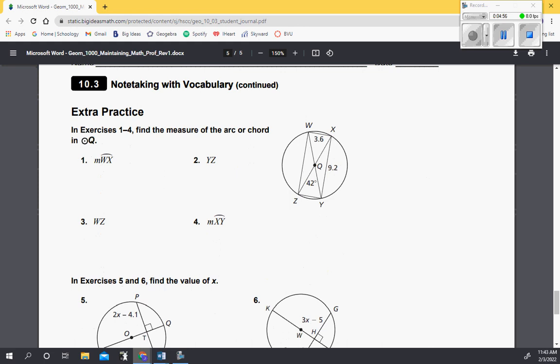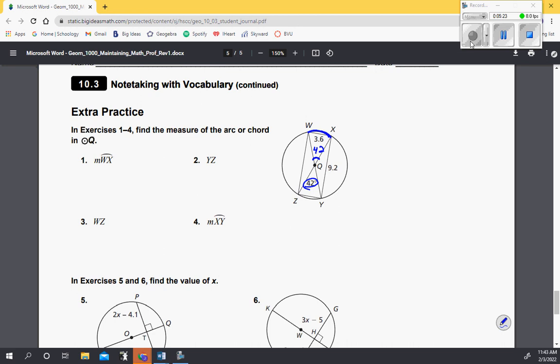In 1 through 4, find the measure of the arc or chord in circle Q. Number one, find the measure of arc WX. That's this arc here. Find this measure. Remember, arcs are measured off of the central angle, okay? And we know that this angle is 42. We have vertical angles here.